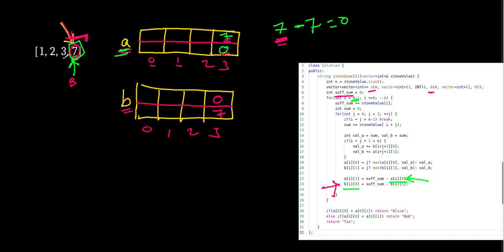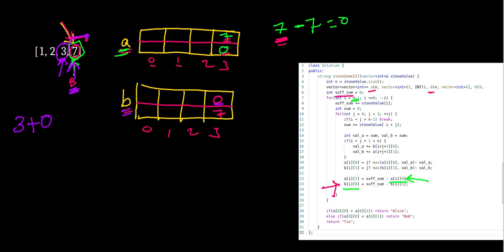We move to the next element here. So if Alice starts in this index, Alice can take 1 stone, so 3 plus the score for Alice if Bob starts here. So when Bob starts at 7, the score for Alice is 0.